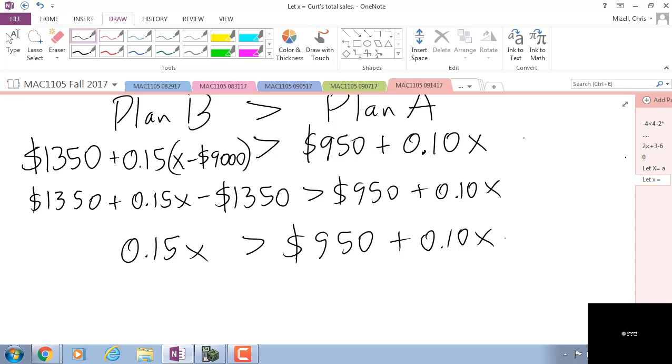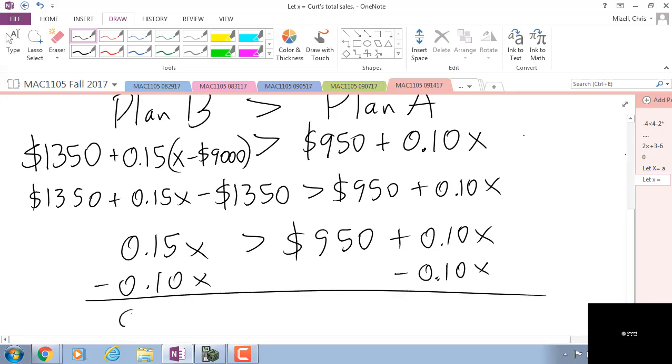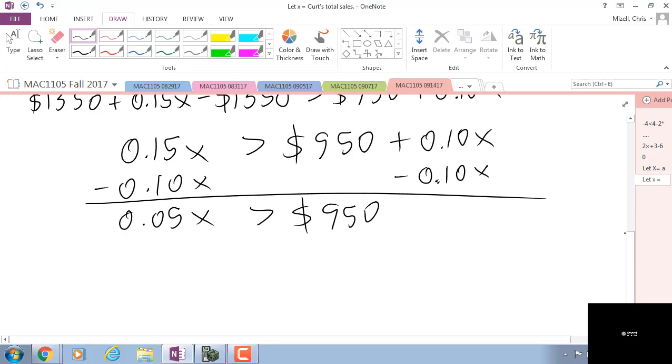Interesting. Okay. Let's subtract the 0.10x from both sides. 0.10x minus 0.10x. And we'll have 0.05x is greater than $950. Copy the 0.05x.